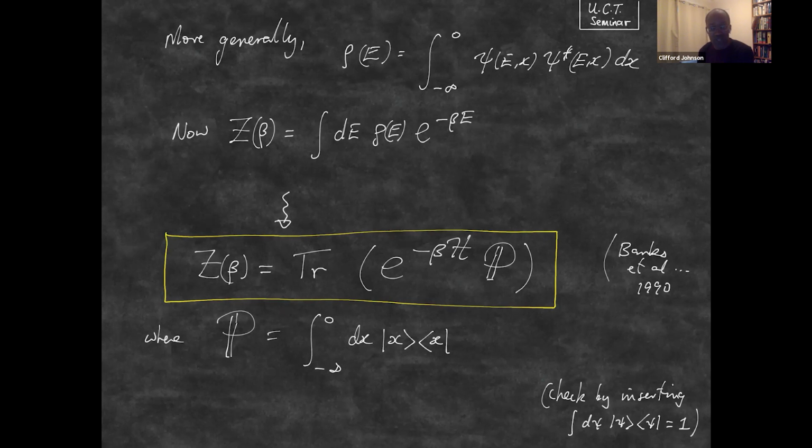The partition function, which would be the partition function of our JT gravity if we had the right potential, is the trace of this exponentiated Hamiltonian, e to the minus beta H, with some projector inserted, and that projector really is telling me that I integrate from minus infinity up to the place where the potential hits zero.